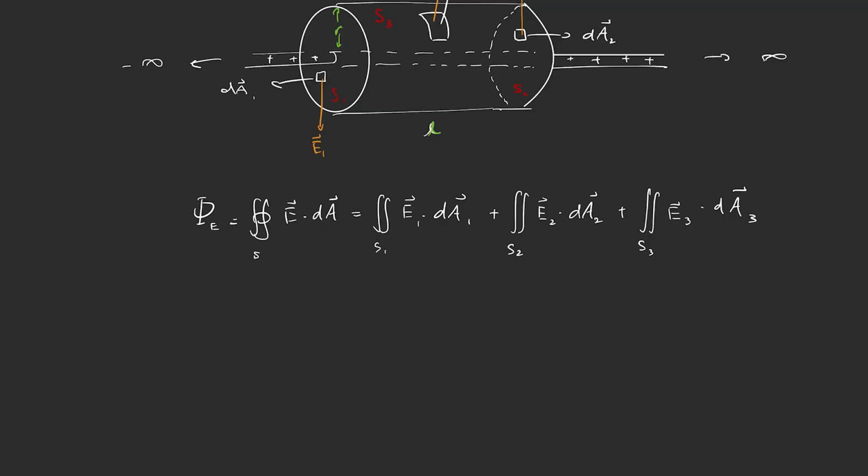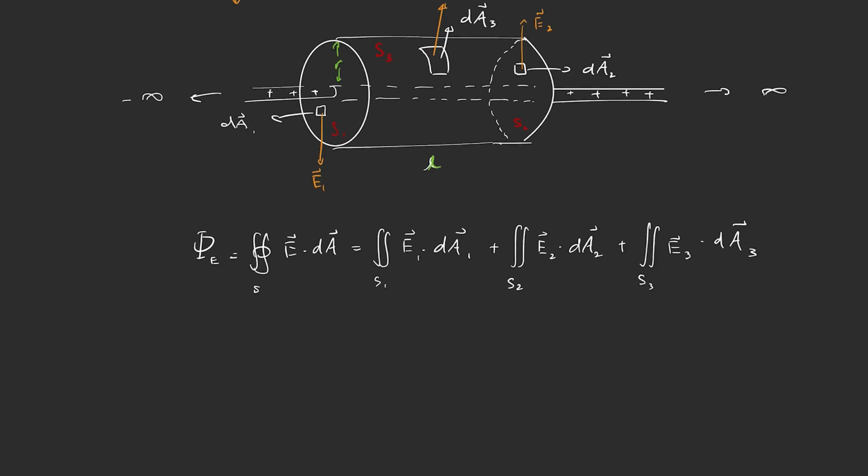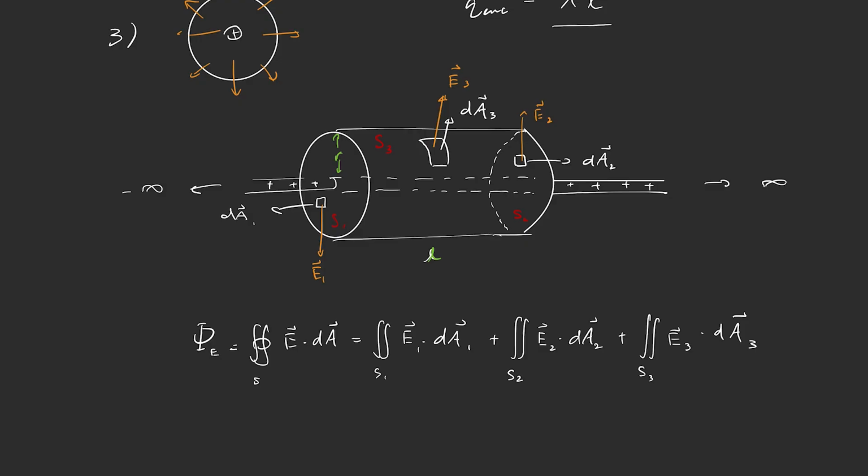We can notice that no flux passes through the ends, denoted by these orange lines, because the area vectors dA1 and dA2 are perpendicular to the electric field, and by definition of the dot product, two orthogonal vectors will have a dot product of 0. So there's no electric flux passing through these surfaces.